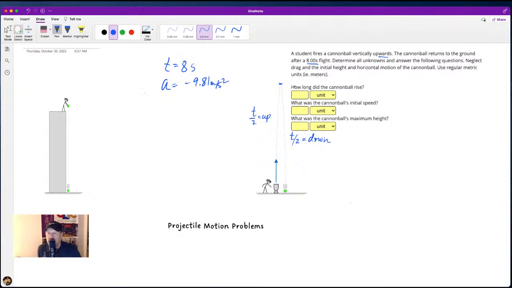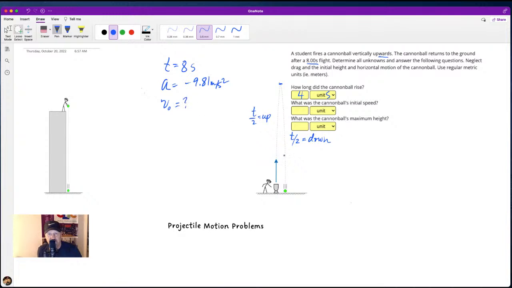And the first thing is how long did the cannonball rise? And we know it's going to be approximately 4 seconds, half of the full time. If the full time is 8, take half of that, it's 4. So what was the cannonball's initial speed? Now we're just talking. So V initial is question mark.